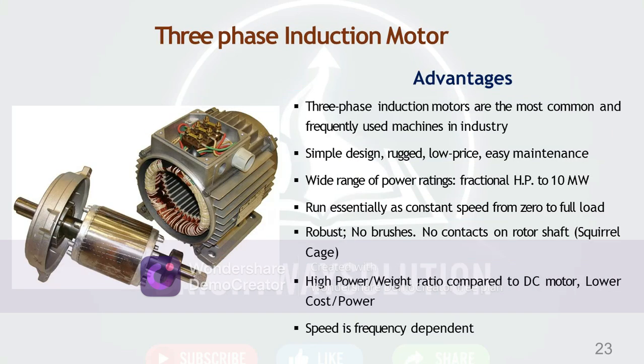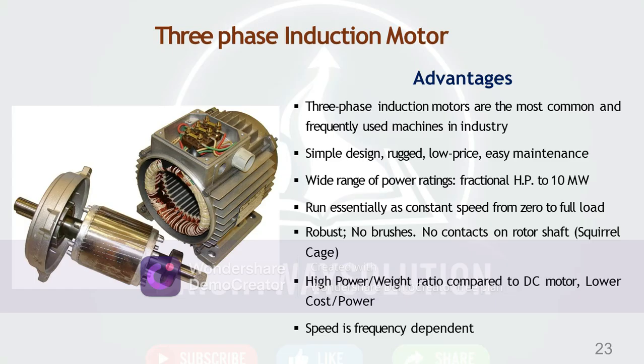Now the next motor is the three-phase induction motor. The three-phase induction motor is our most common and frequently used machine in industries. Advantages: simple design, rugged, low price, easy maintenance, wide range of power rating from fractional HP to 10 megawatt.